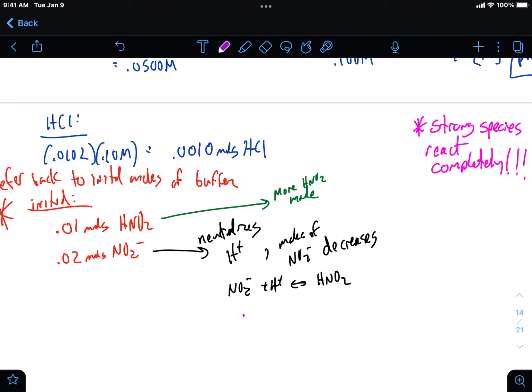So it's going to go from 0.02 moles of NO2 minus to 0.019 moles of NO2 minus. It's a change of 0.001. It's because I added 0.001 moles of H plus, and all of the H plus that I added was neutralized, and so the number of moles of NO2 minus that I had has to go down.